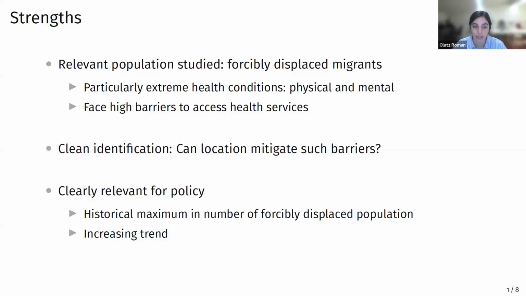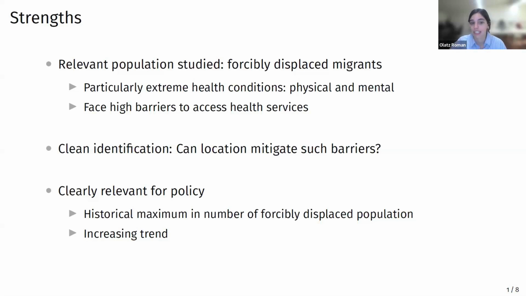But not only that, this population also faces higher barriers to access healthcare services, from potentially being discriminated against, but also other barriers such as language, etc.